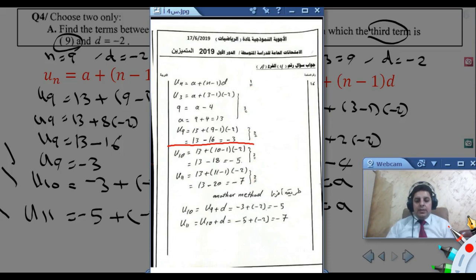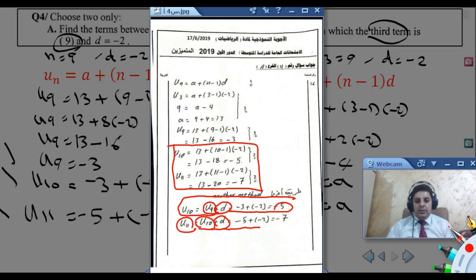From these steps I can solve this directly: U10 is U9 plus the common difference directly, negative 5, and also U11 is U10 plus d, negative 5 plus negative 2, negative 7. That is another method.